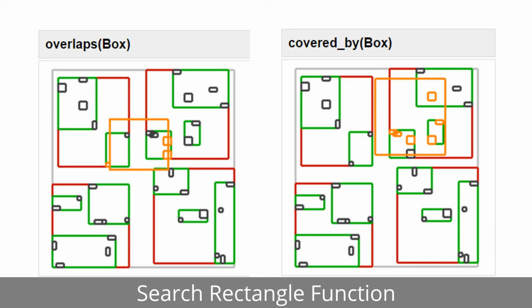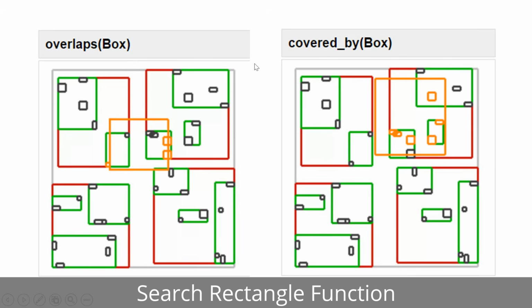Now we're going to talk a little bit about the search function for rectangles. For a bounding box, the search function for rectangles should return the rectangles within the box and also the rectangles that are overlapping or intersecting the boundary. The boost library does not have an explicit query for these specific requirements. Therefore, we implement two separate queries.